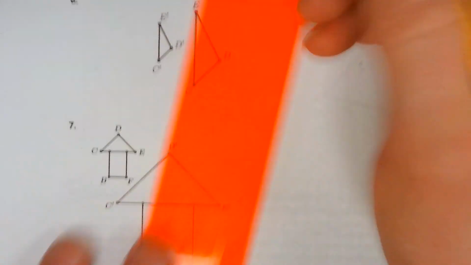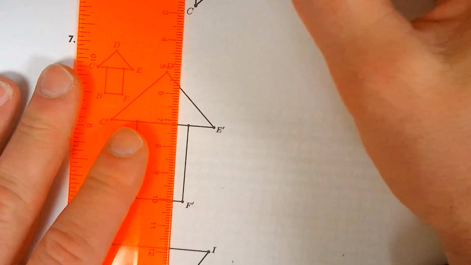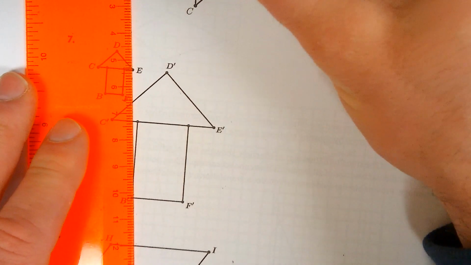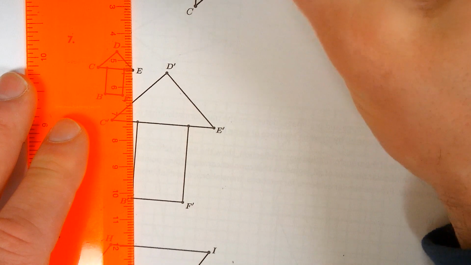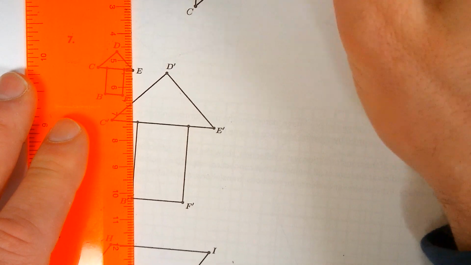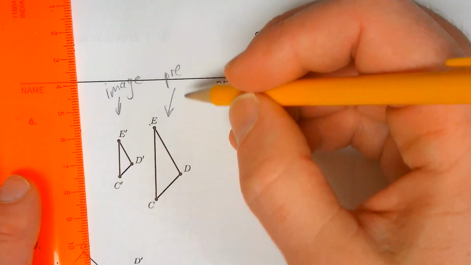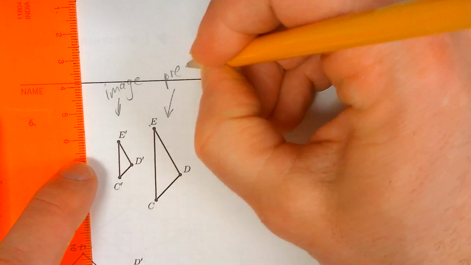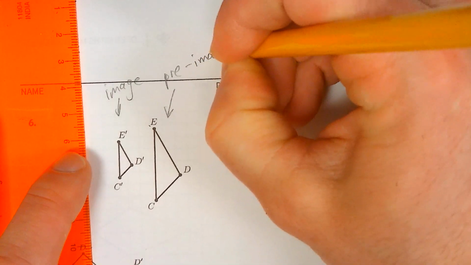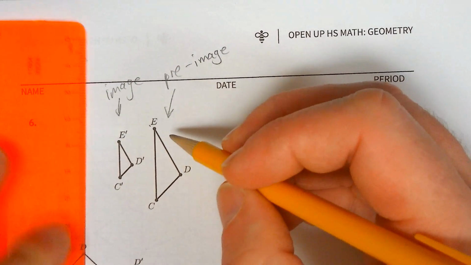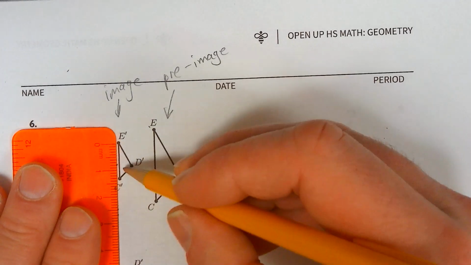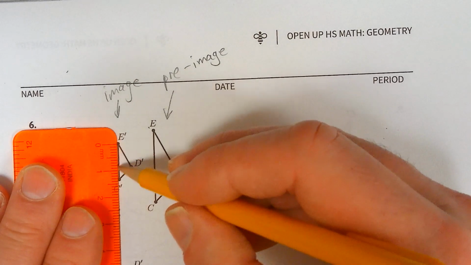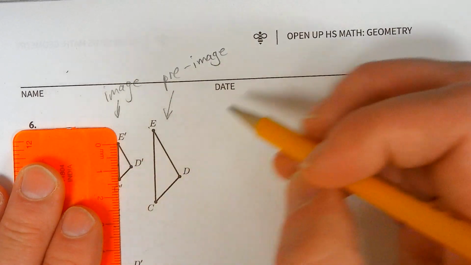Okay, so we're going to have to pay attention to the primes here, since this is where you end up. And this is the pre-image. I'm not on the screen at all. Let's try that again. That's where you end up. 13.